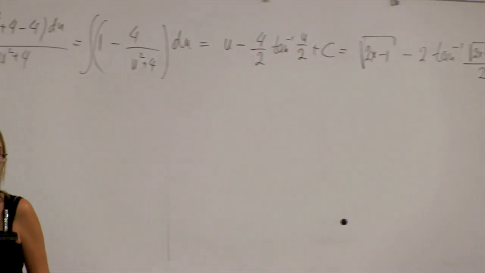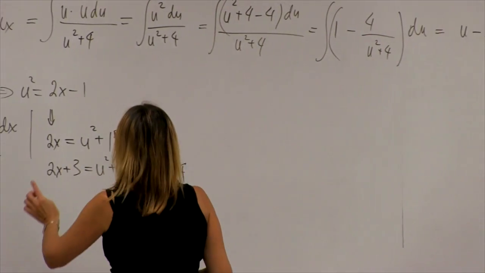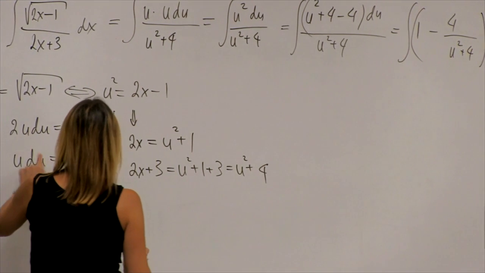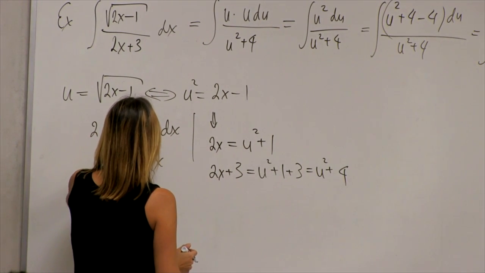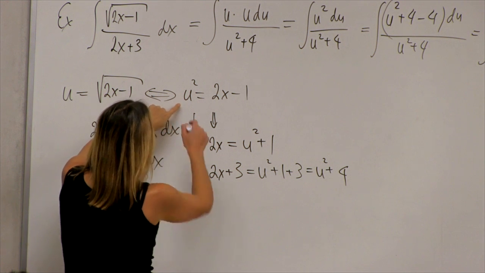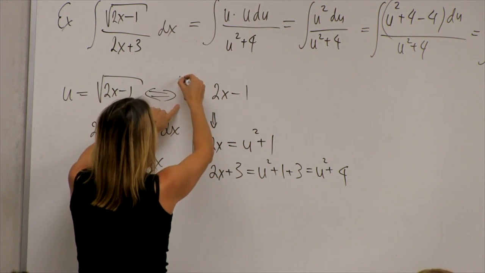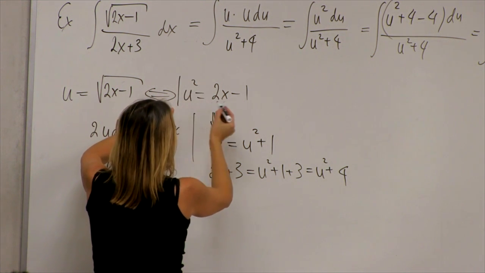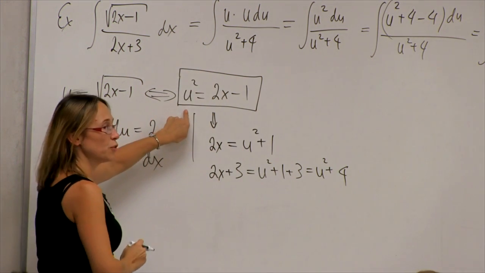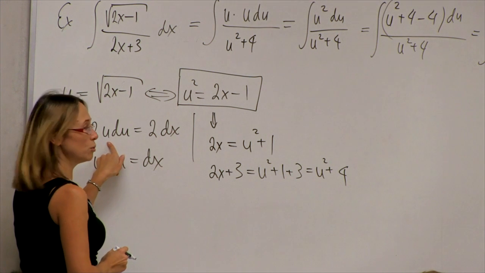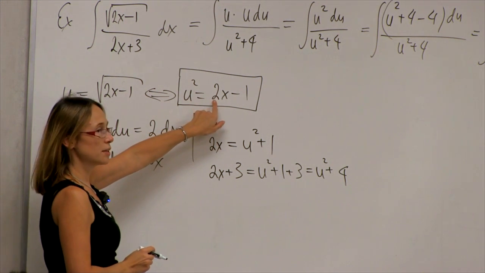Question? How did you get 2u du equal to dx? What I got is 2u du equal 2 dx. I was using this definition. So when I differentiate the left-hand side, I get 2u du. When I differentiate the right-hand side, I get 2 dx.